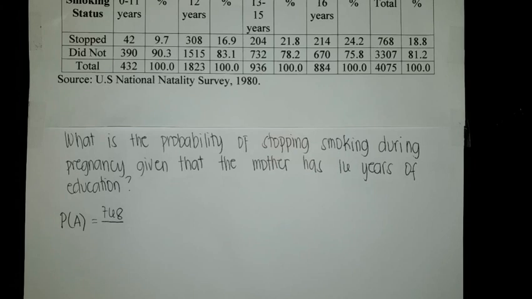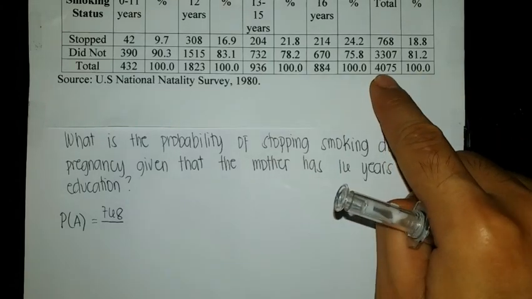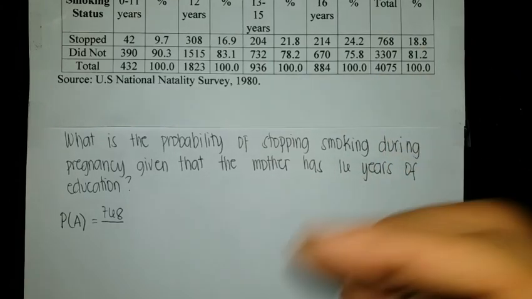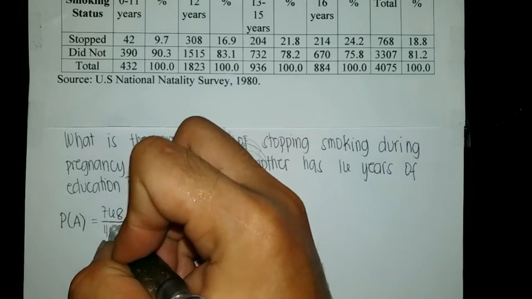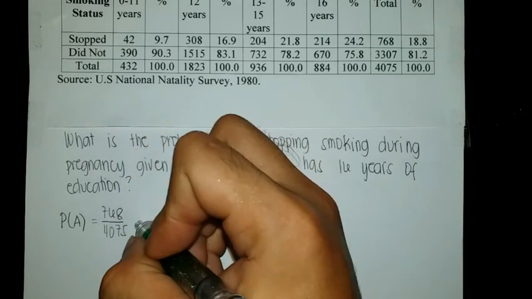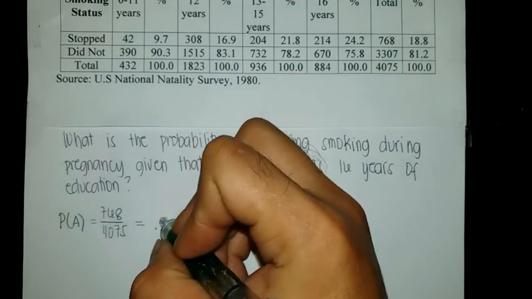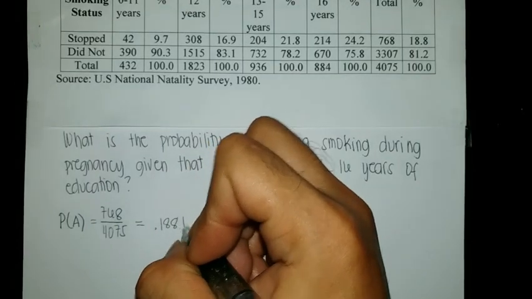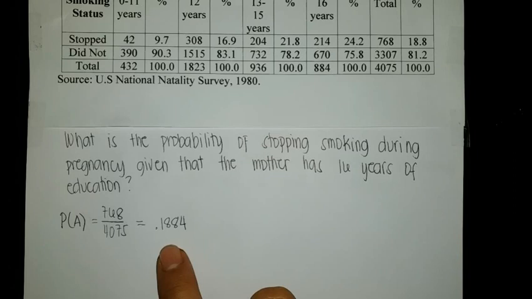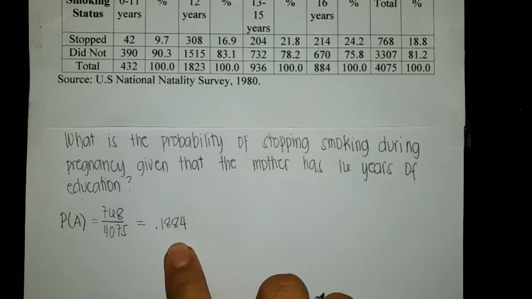The total possible outcomes for this will be 4,075. Getting now the quotient of the two, that will be approximately 0.1884. So 0.1884 is the probability of selecting a mother who has stopped smoking.